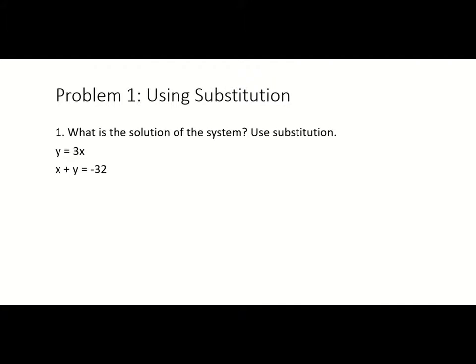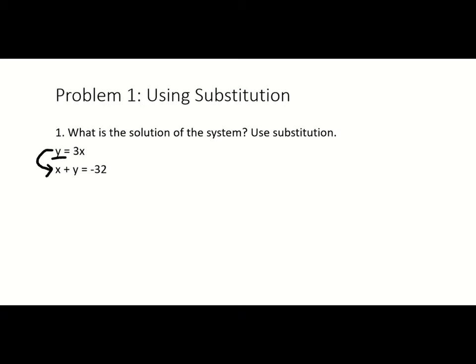To use substitution, we need one of our equations to be solved for one of the variables. In this case, the first equation is already solved for y because y is by itself. So to use substitution, we're going to plug what y is into the other equation.